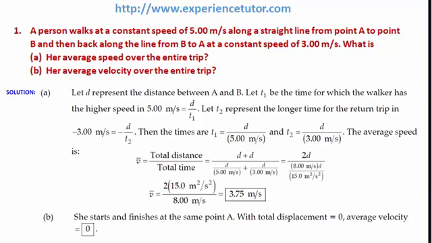After solving it we get approximately 3.75 meter per second. B. She starts and finishes at the same point A, therefore total displacement is 0. Average velocity is equal to 0.